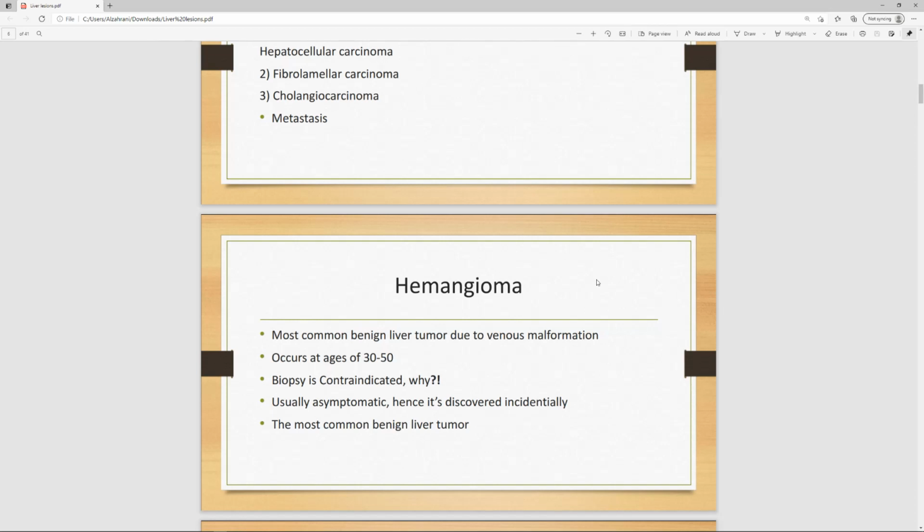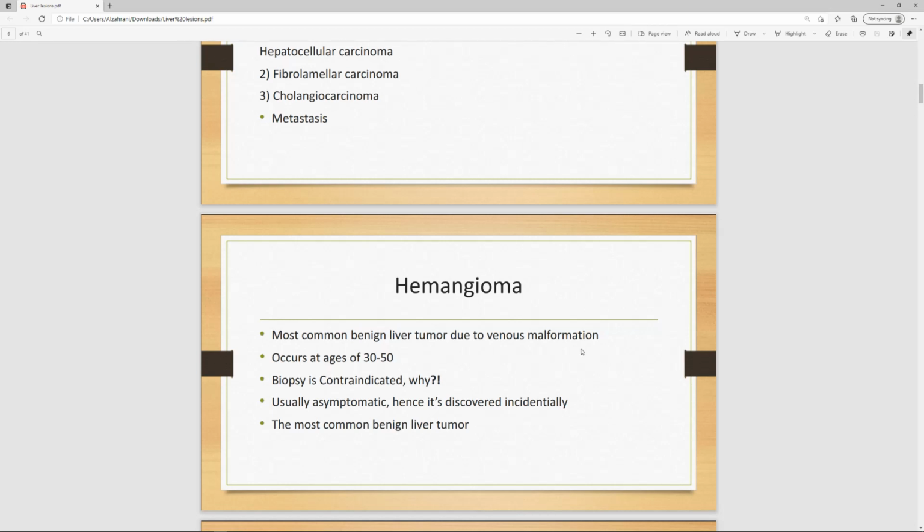It is a common benign liver tumor due to venous malformation, as I mentioned, a blood vessel abnormality, and occurs between ages 30 to 50. Always pay attention to the ages, because the ages can direct you to the differential diagnosis.